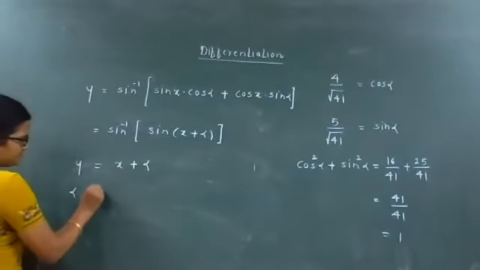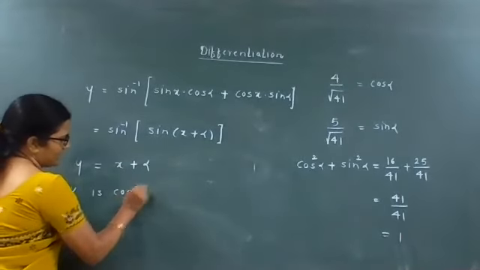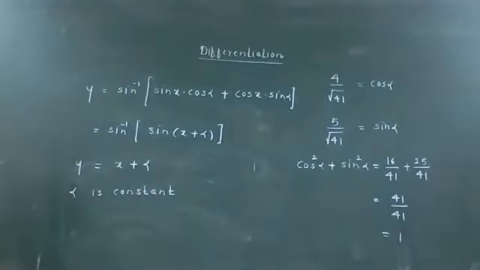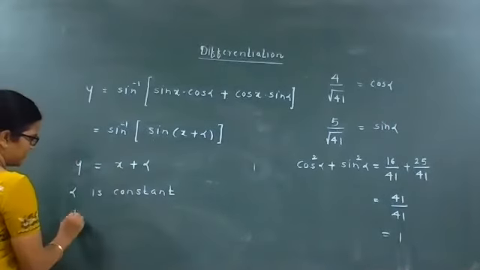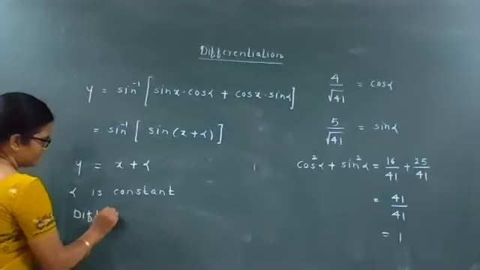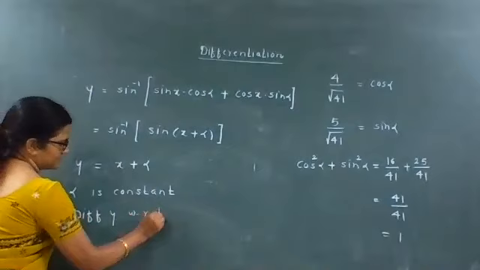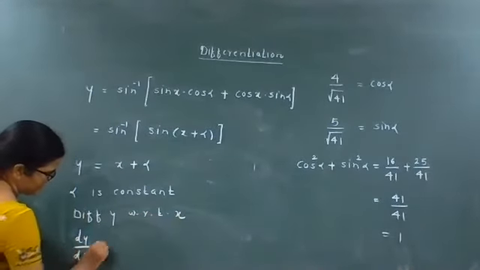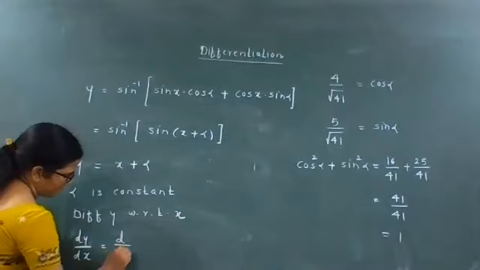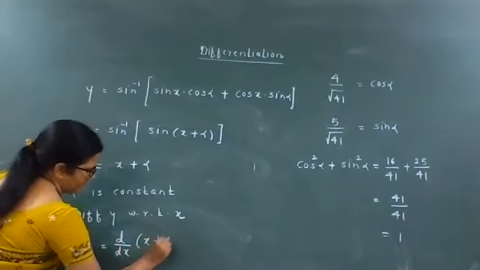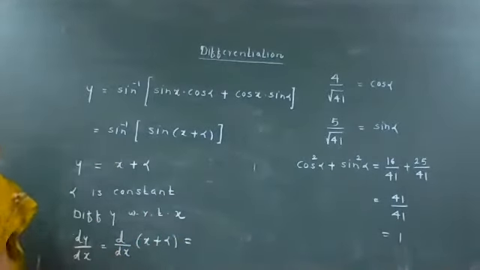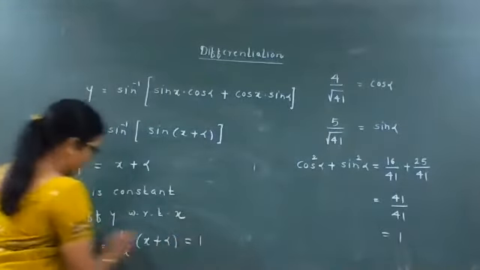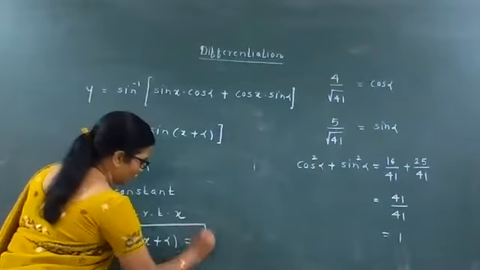A constant angle, the acute angle of the right angle triangle. And x is the variable. Differentiate y. What is the derivative of x plus alpha? Alpha is constant and it is coming 1. So put this in square.